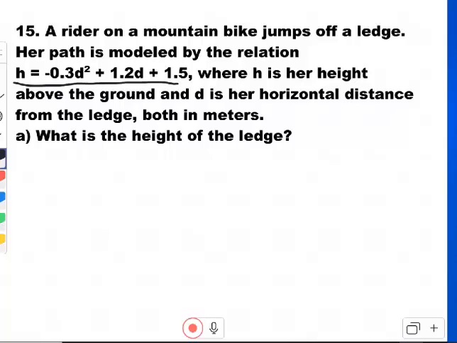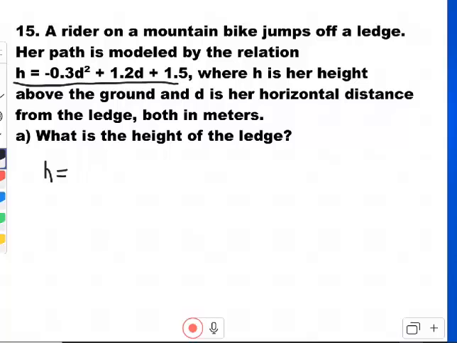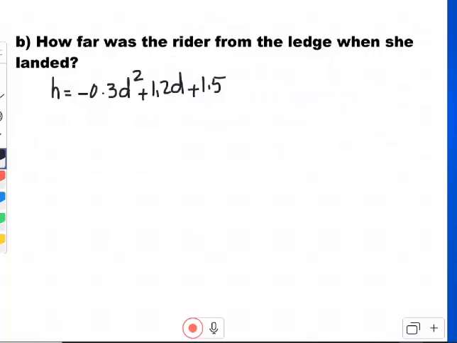So if I set D equal to 0, then I get H is equal to negative 0.3 times 0 is 0 plus 1.2 times 0 is 0, so it's going to be 1.5 meters.